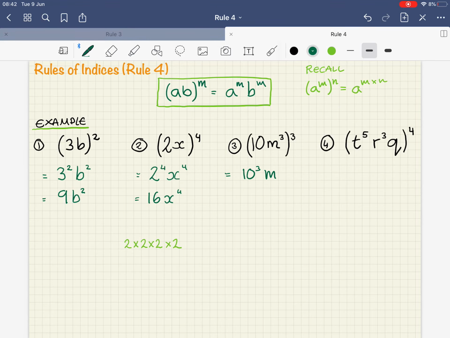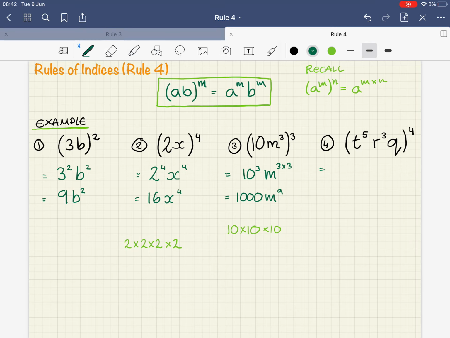So for my m in this question 3, I've got to multiply m's power with the power that's on the outside. So 10 cubed, so 10 times 10, that is 100, times it by 10 again, that is 1,000. That'll be m to the power of 9.